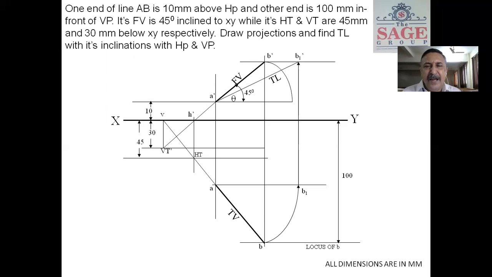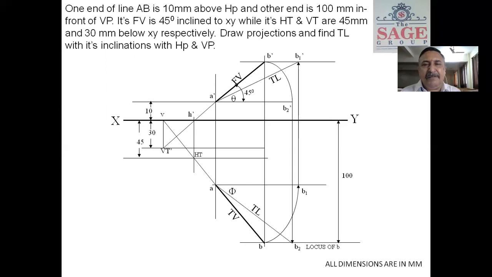In the same way, we rotate the front view. We get point B2 dash. Then we project it on the locus of B, so we get point B2, and join B2 to A. We get again a true length and angle phi.